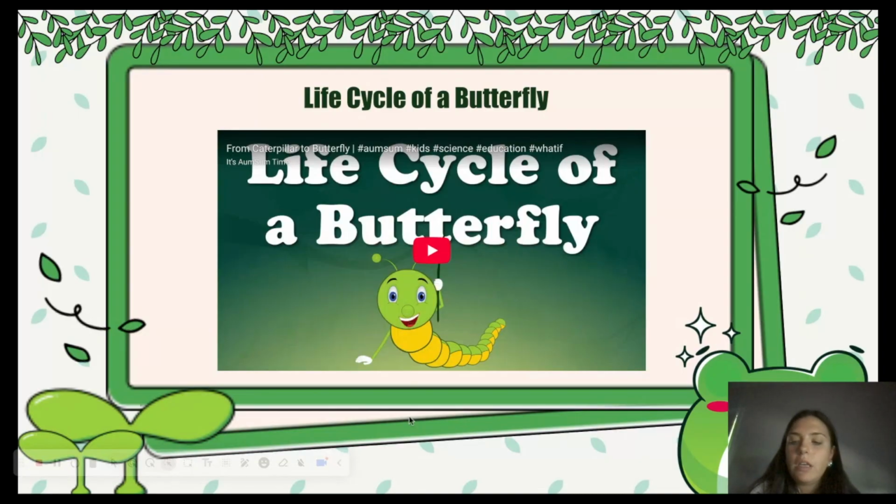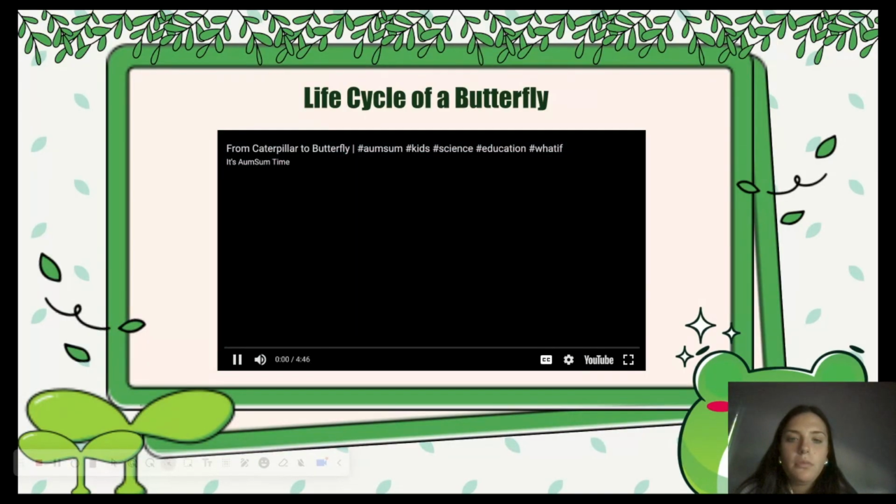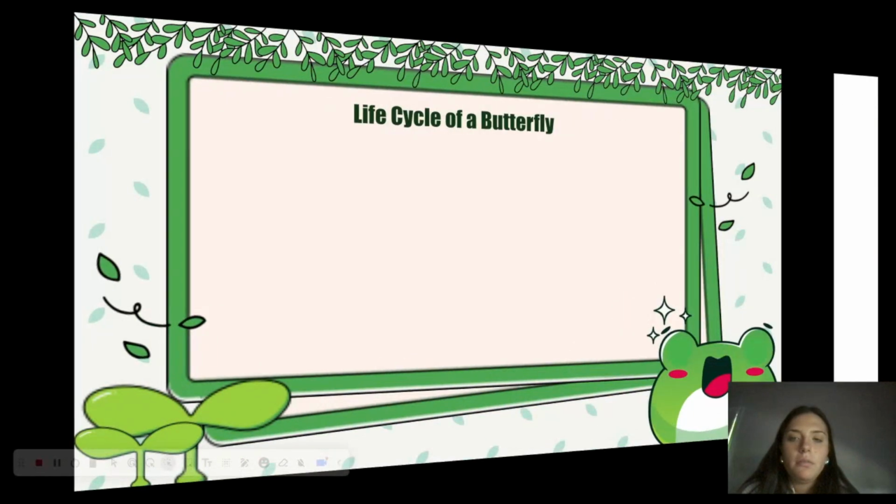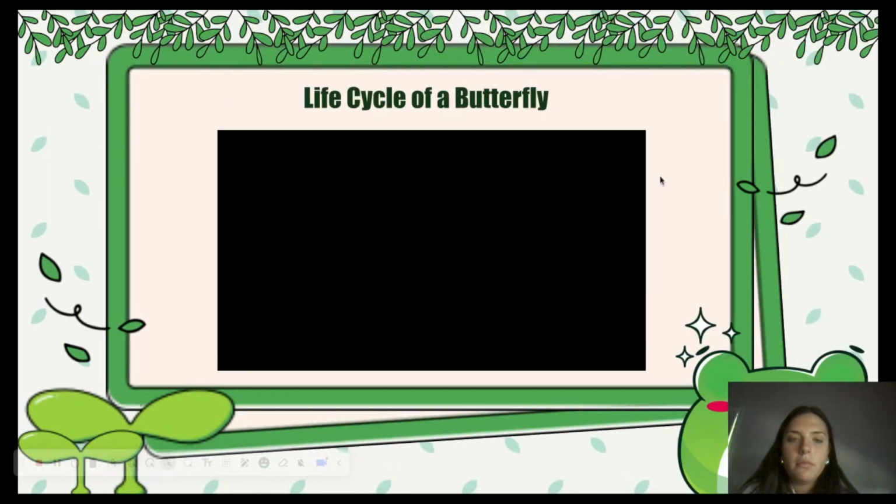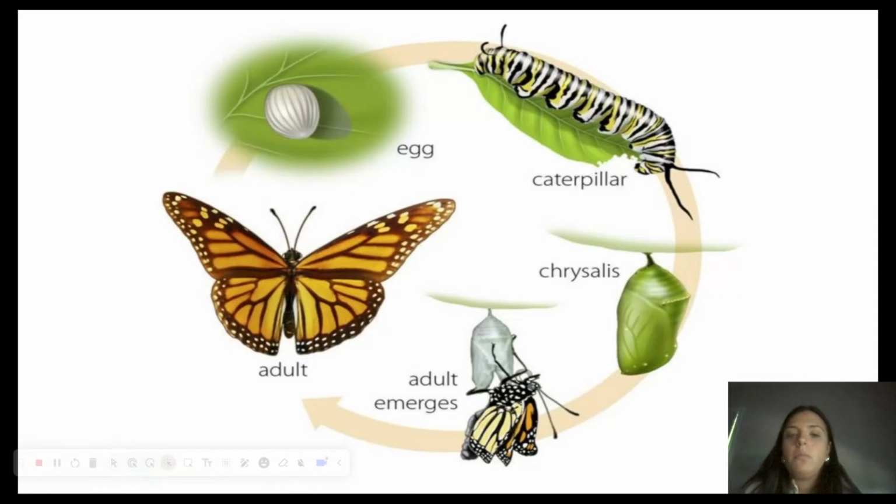So that was our video on the life cycle of a butterfly, and at the end it got cut off, but the life cycle is known as metamorphosis for a butterfly. So let's go to our next slide and review some notes. Before we do the notes though, I just want to review real quick the cycle.